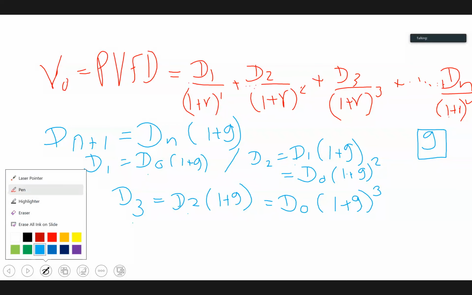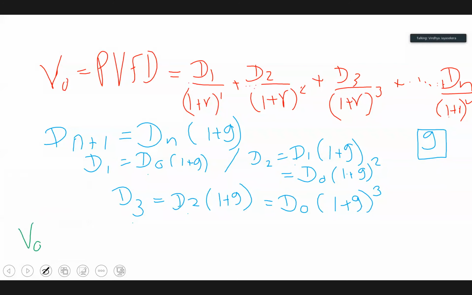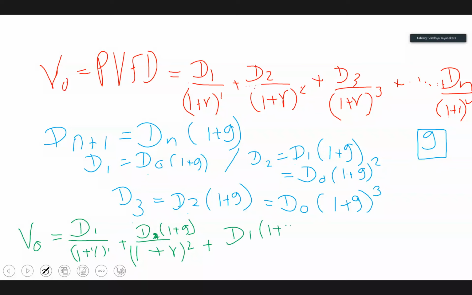So in a constant dividend growth model, what is the value of my company? The value of my company is next year's cash flow discounted to today. D2 discounted to today. Sorry, so D2 is actually D1 into 1 plus G discounted to today. Right. Plus D3 is actually D1 into 1 plus G squared discounted to today.